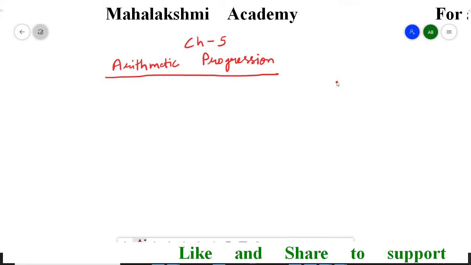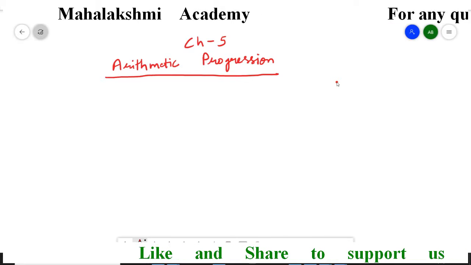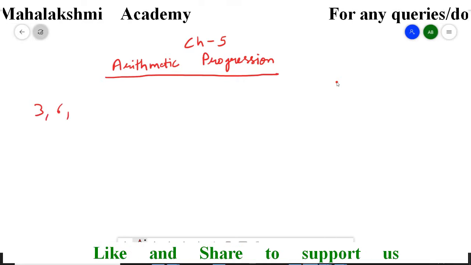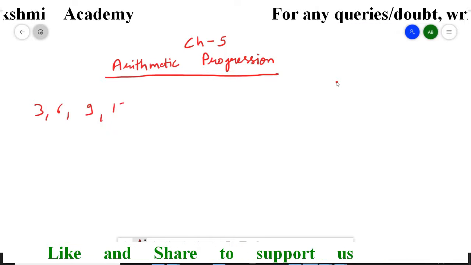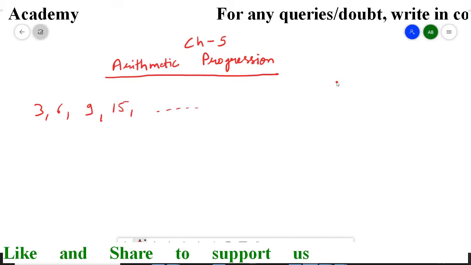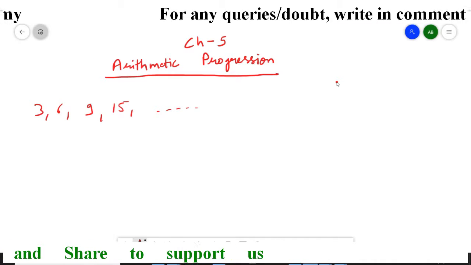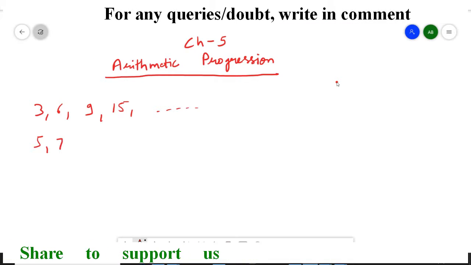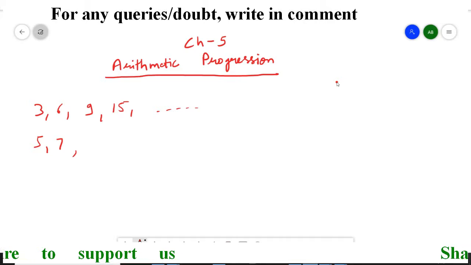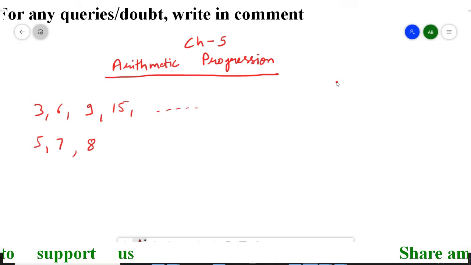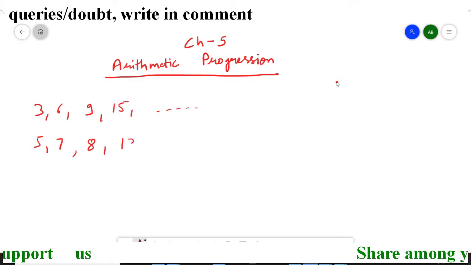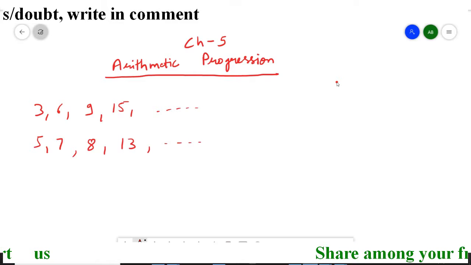Suppose two series are given to us like this. One is 3, 6, 9, 15, and the series goes on infinitely, and another series is, suppose, 5, 7, 8, and then 13, like this it's going.